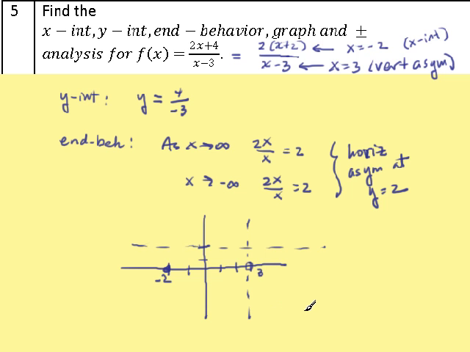All right, we can do a little plus-minus analysis between the zeros of the numerator and denominator. If we plug in a 4, everything's positive. If we plug in something between here and here, like 0, we have a negative. And if we plug in minus 3, say over here, we have negative, negative, so that would be positive.